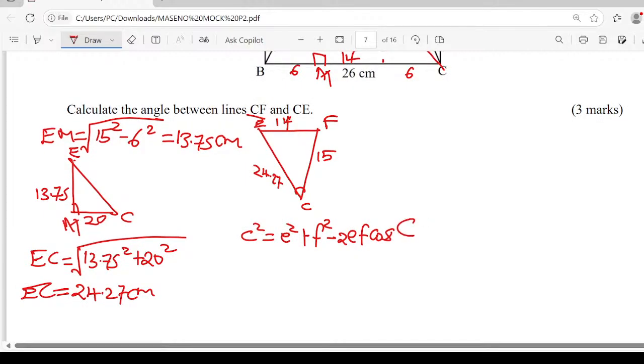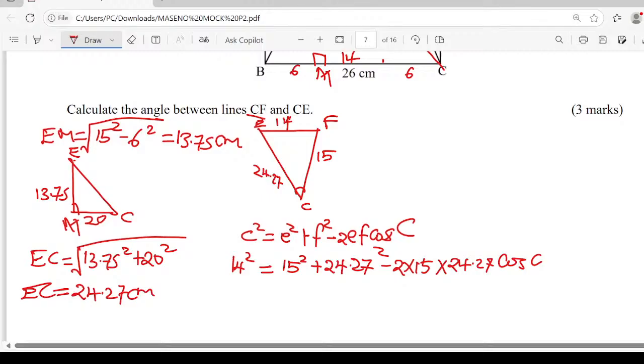So this will be 14 squared being equal to 15 squared plus 24.27 squared minus 2 times 15 times 24.27 cos theta.